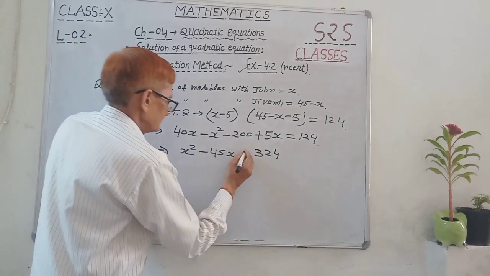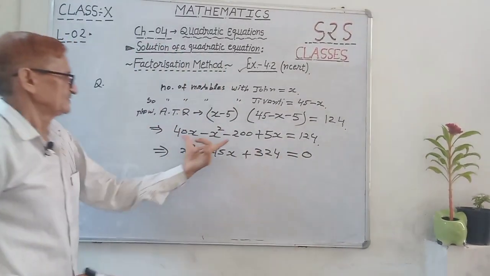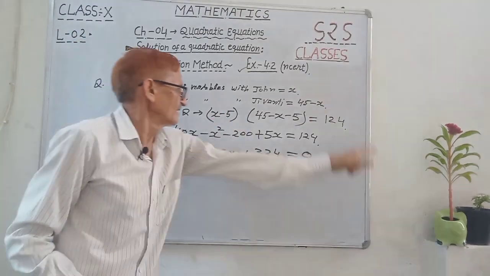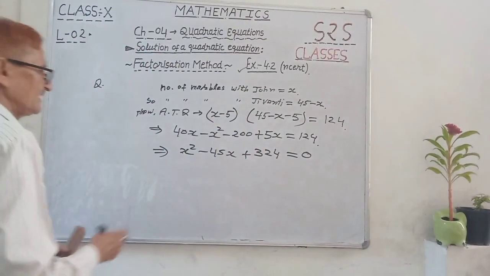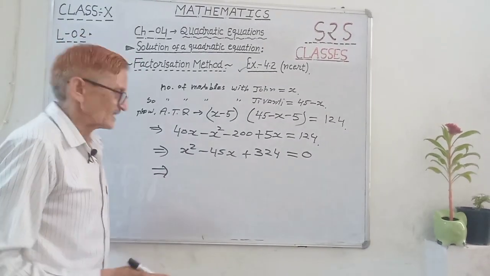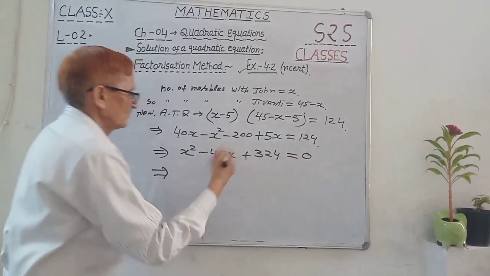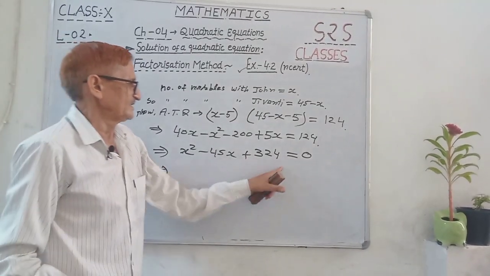This side is equal to 0. Now you can take any side, and make the zero on one side. So this side I made 0. Now simplify: here 45, here 324.